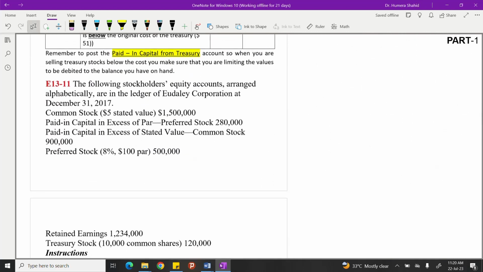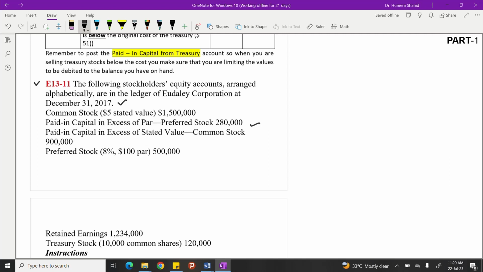Moving on towards the next question, which is exercise number 11-1, 13-11. The following stockholders' equity accounts, arranged alphabetically, are in the ledgers of Udemy Corporation at December 31st, 2017. Common stock, $5 stated value, $1,500,000. Paid in capital in excess of par, preferred stock, 280,000.